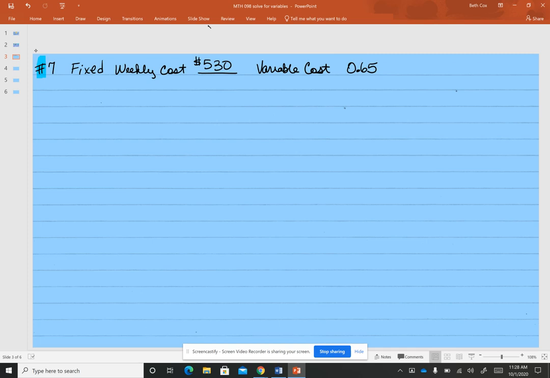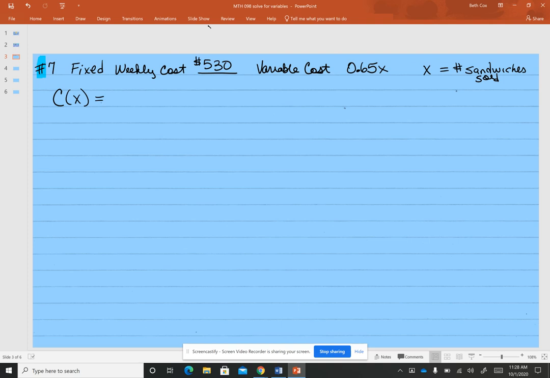Since it's 65 cents per sandwich, that's 0.65 times x, because x is the number of sandwiches sold each week. The first thing they want us to do is write a cost function. C stands for cost. Remember, the f of x is what we normally do, but that's generic.